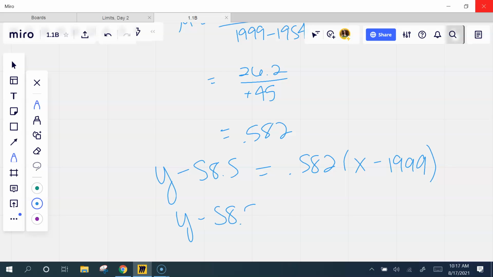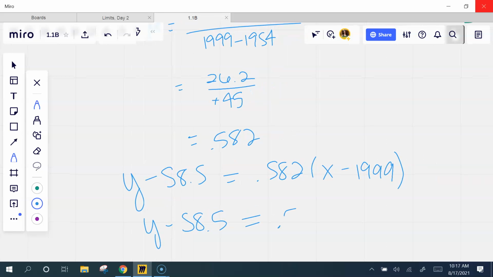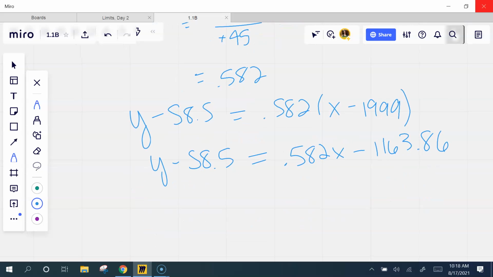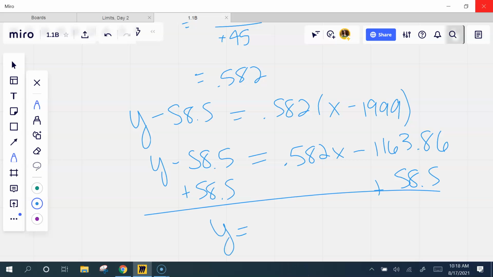Y minus 58.5 equals... 1,163.86. And then if I add the... You should. Should be close. Might have one being error there.